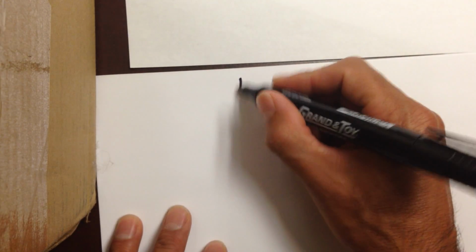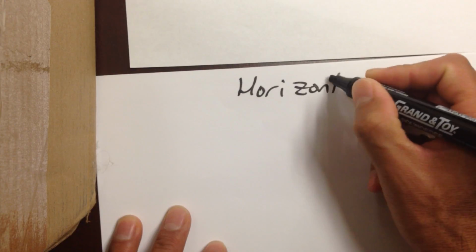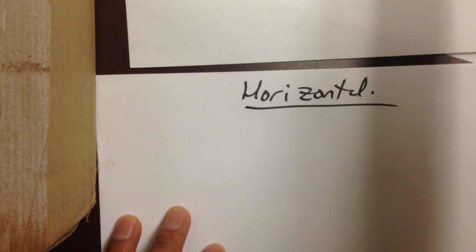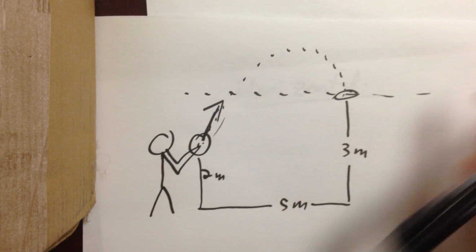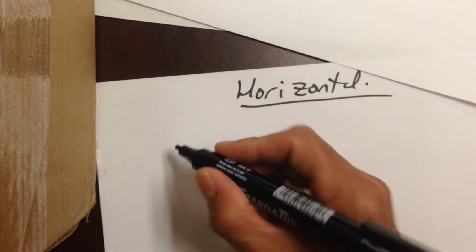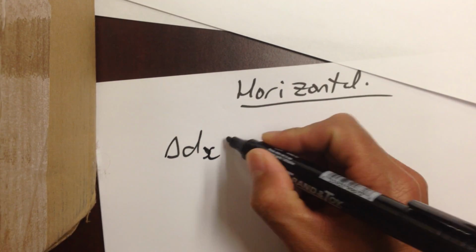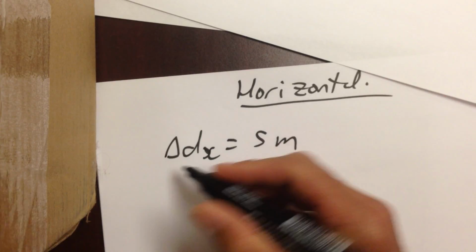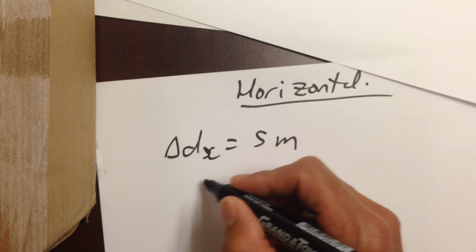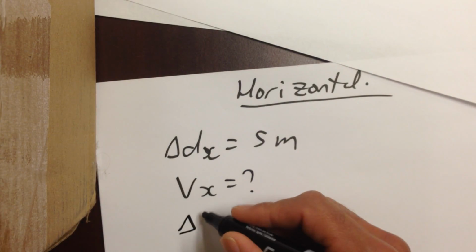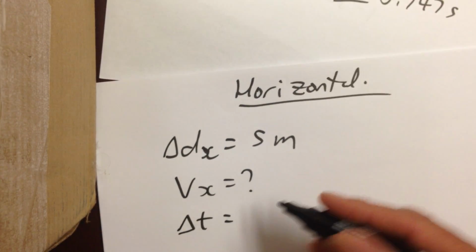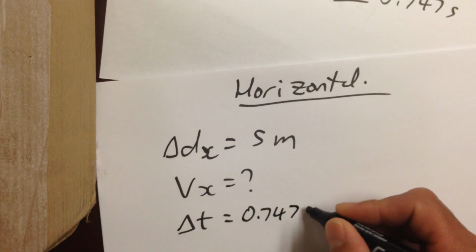So I'm now going to take that and do horizontal analysis. Remember, horizontally, our displacement is 5 meters. Our horizontal component of velocity, we don't know. And the amount of time that this takes, we've just determined, will be 0.747 seconds.